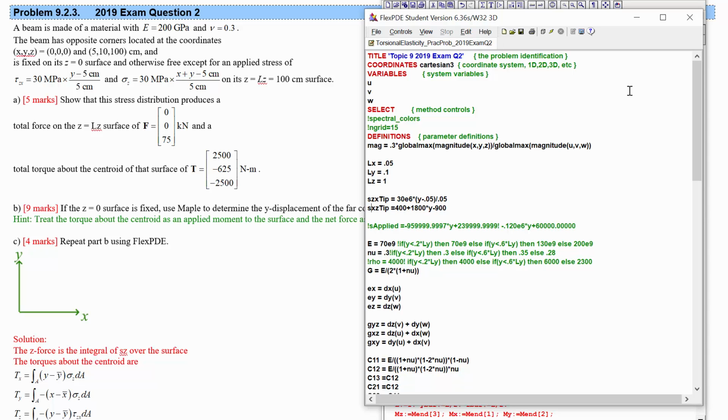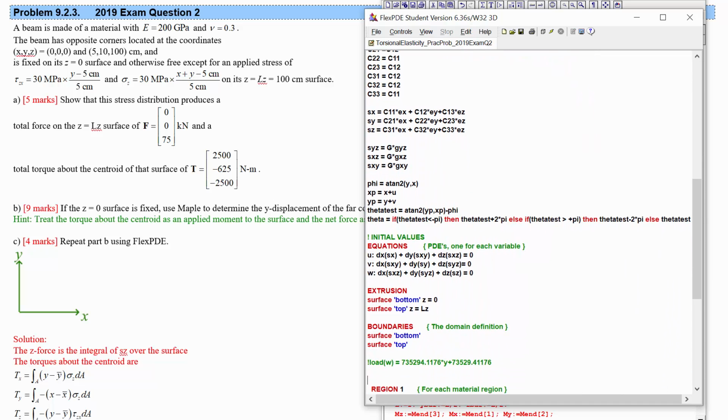And we have a Z stress on the tip, which is 30E6 times X plus Y minus 0.05 over 0.05. Okay, now the Poisson's ratio is 0.3 again, and the Young's modulus is 200 gigapascals.